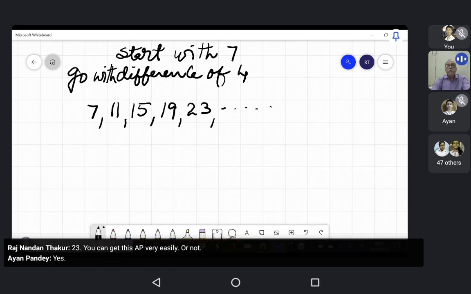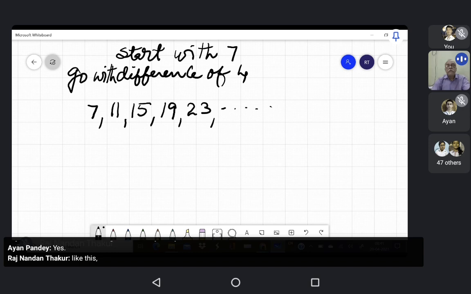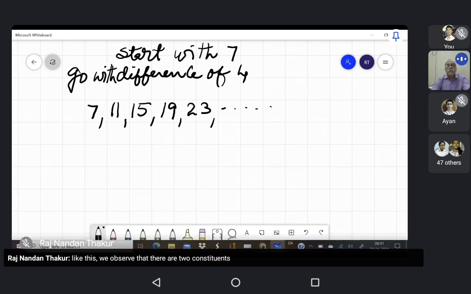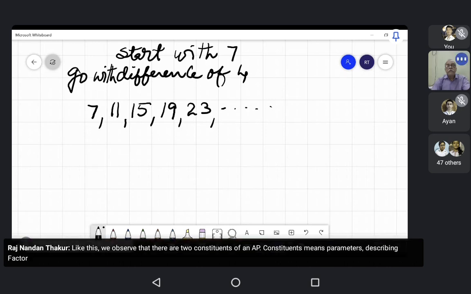Yes, sir. Like this, we observe that there are 2 constituents of an AP. Constituents means parameters, describing or determining factors.